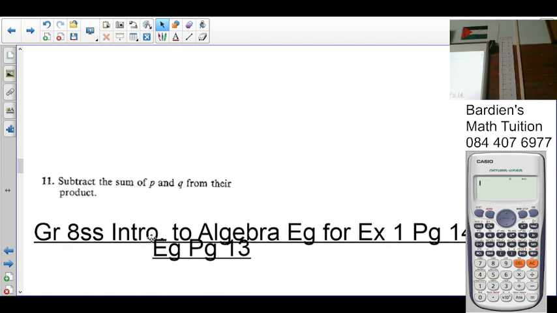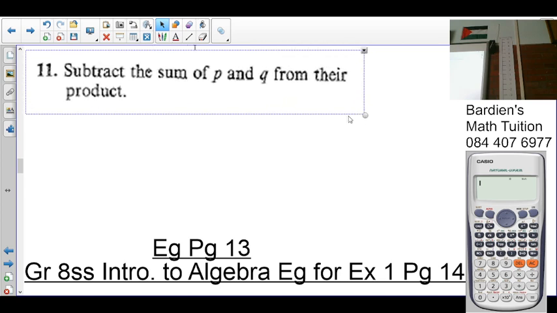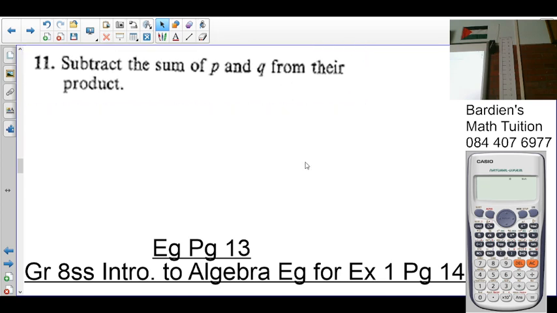Number 11, we are told to subtract the sum of P and Q from the product. What does it mean when it says from the product? You must multiply. What must you multiply? P and Q. So what goes first, the sum or the product?